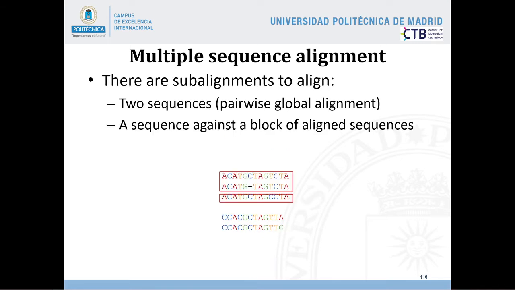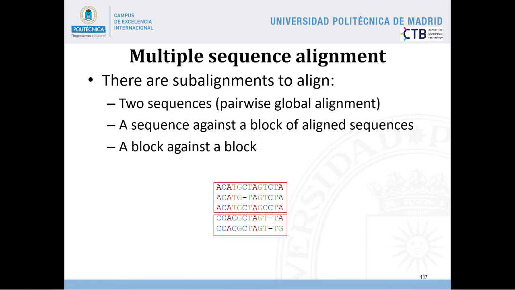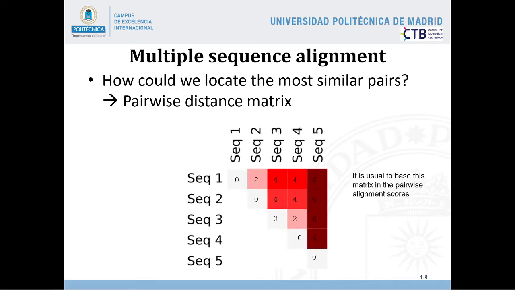So when we have the two sequences, we align blocks then. Blocks, I mean already aligned sequences. And then a block against a block. What I was saying before is that to know which sequences we have to align, we build a matrix of the pairwise alignment scores.